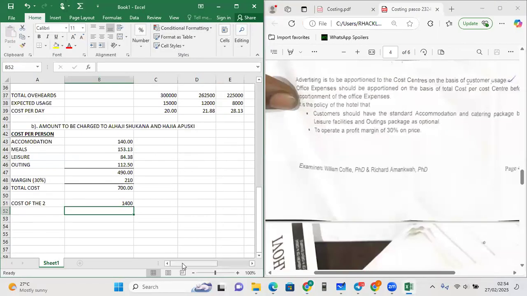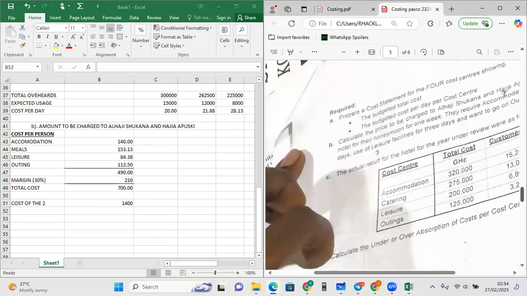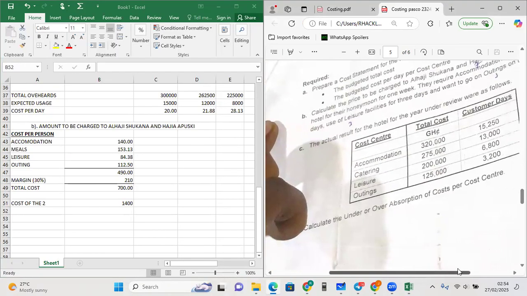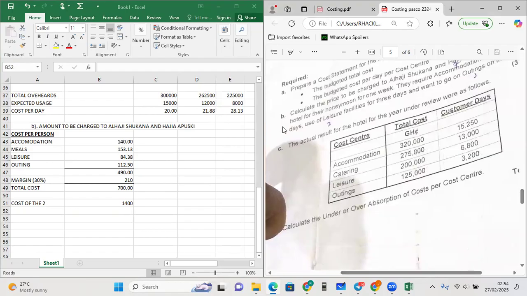Now, we then have to calculate the under and over absorption, right?